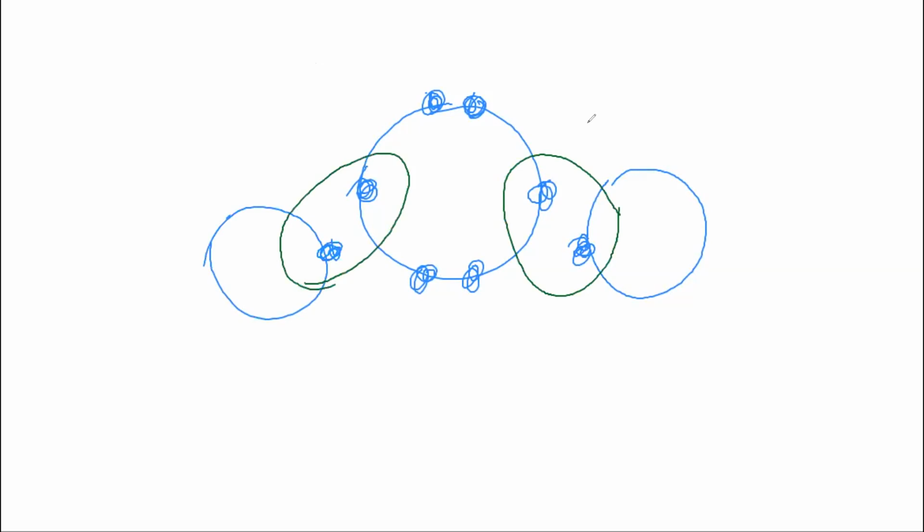And so now you can see that my oxygen, by sharing, has the 1, 2, 3, 4, 5, 6, 7, 8 that he required, and my hydrogen has 1, 2. So everybody's able to share the electrons and satisfy themselves.